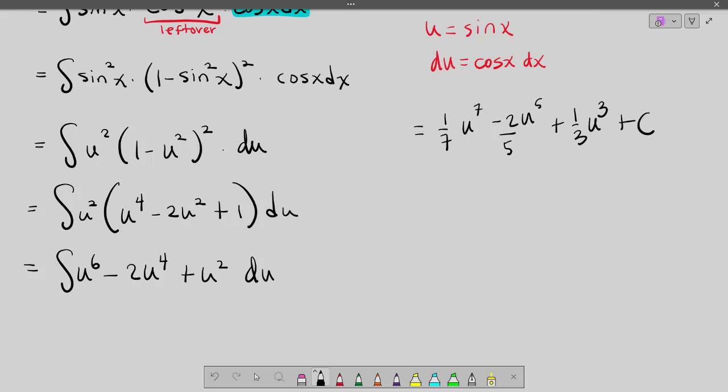Add a constant. We end up with that antiderivative. So it turns into just a pretty routine polynomial to integrate. And then we just have to back substitute. We had a sine, so we're going to put that back in for the u.